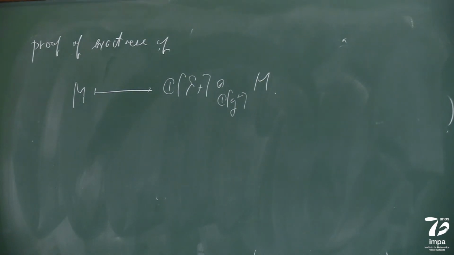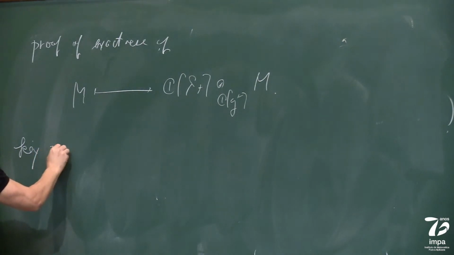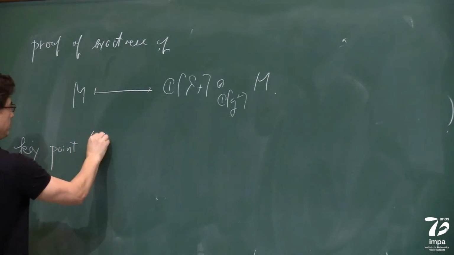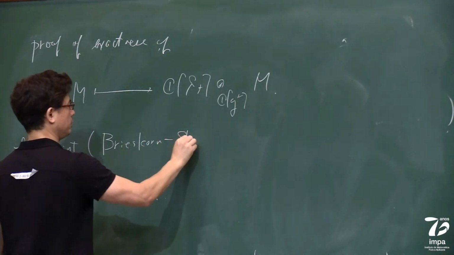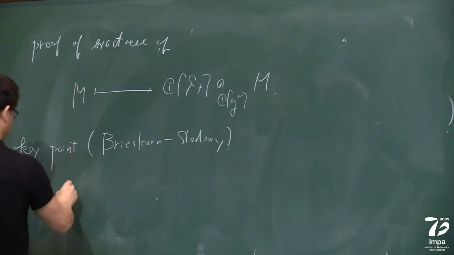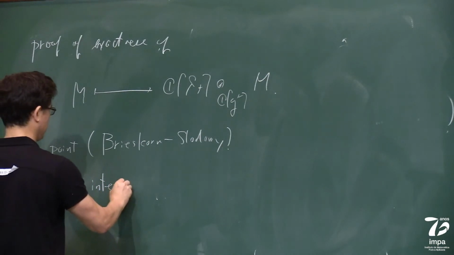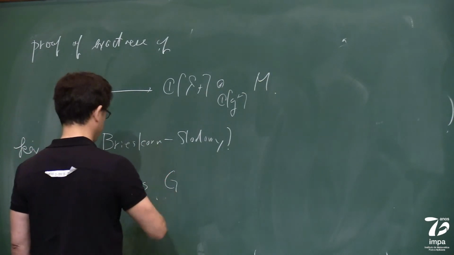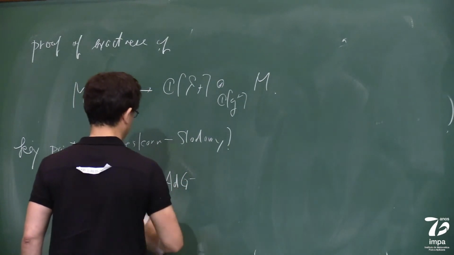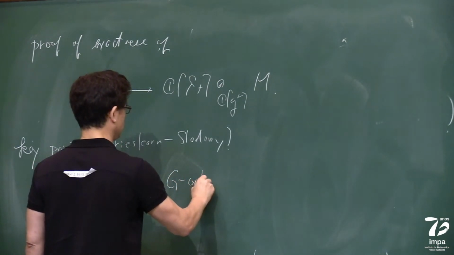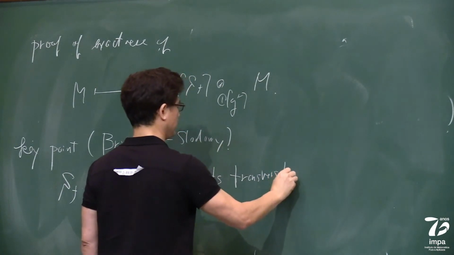The key point, which is known by Brieskorn and Slodowy, is that this Slodowy slice intersects G orbits, let's say G orbits, transversely at any point.